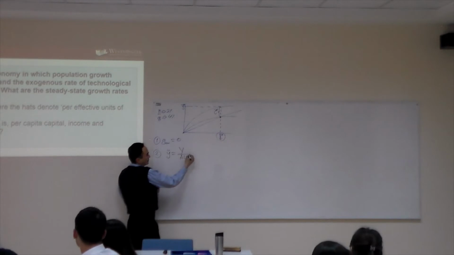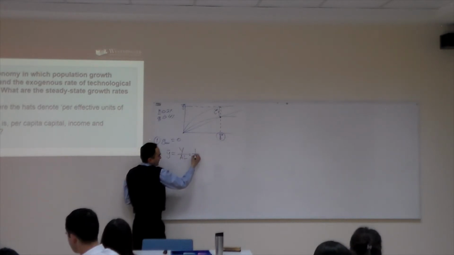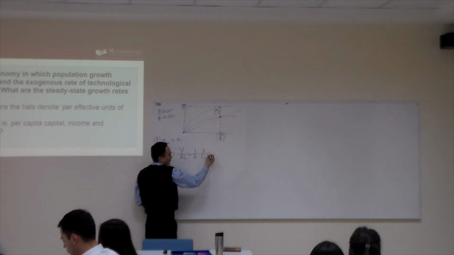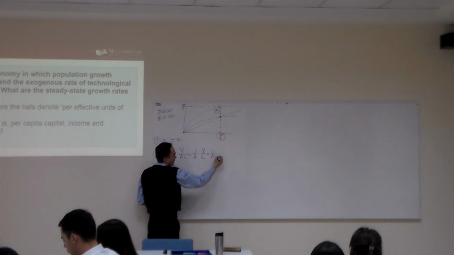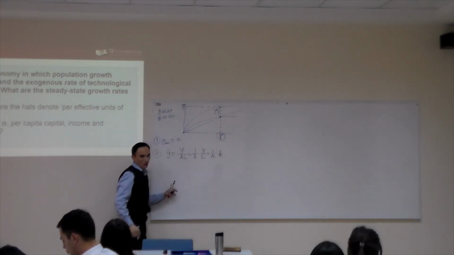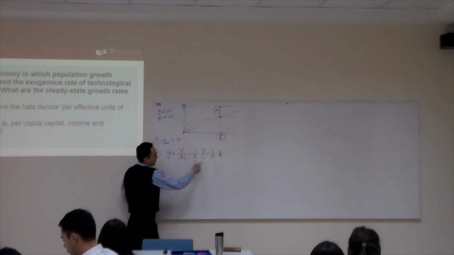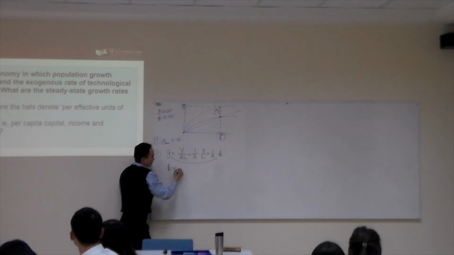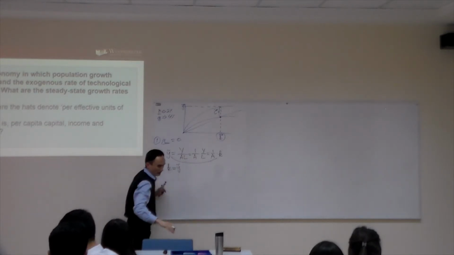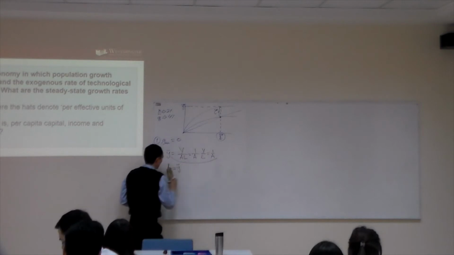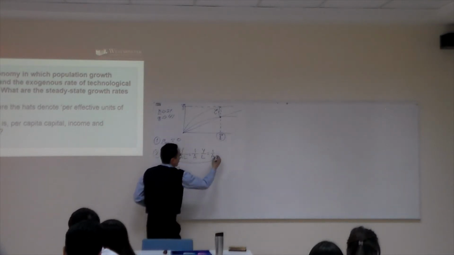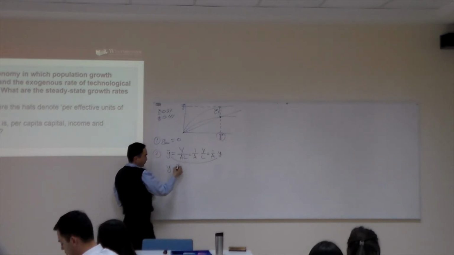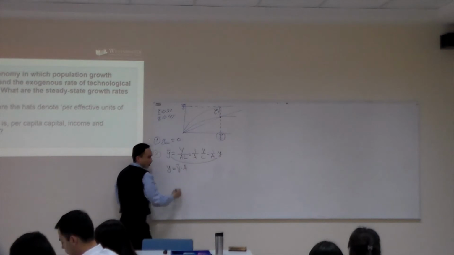So now I can write it as 1 over technology times output over labor. Oh, sorry. It is output per worker. So, output per worker is equal to output per effective labor times technology.